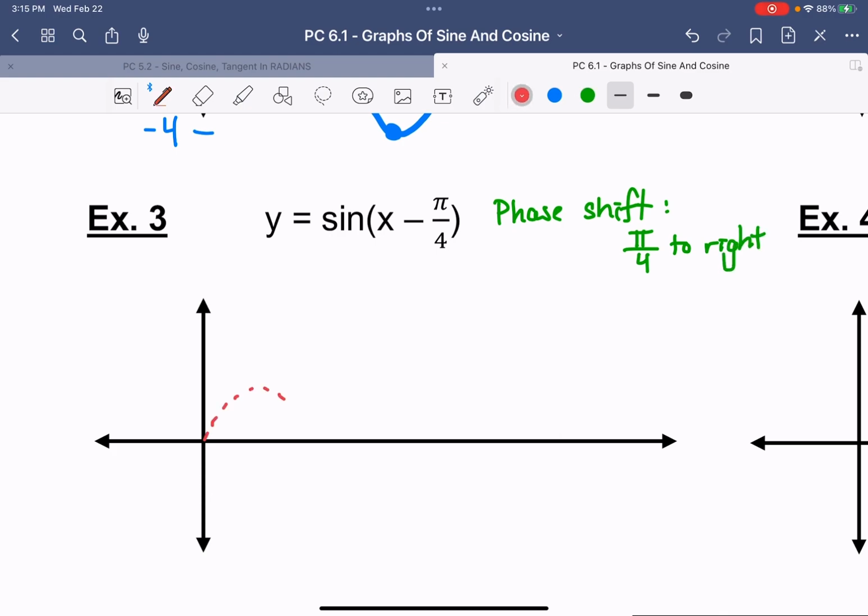So our parent graph, the basic sine curve, I'm just putting in dashed lines here. Typically starts at 0 and ends at 2 pi, where this would be pi. And we want to shift that pi over 4 to the right. So, wrong way. Okay, so pi over 4 would be right here.